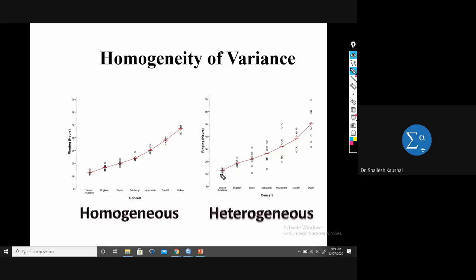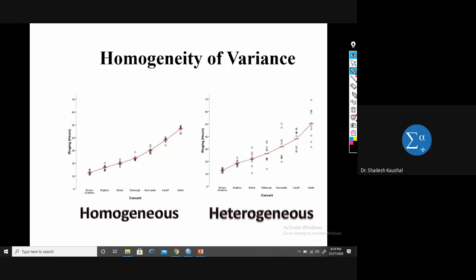We can see the range is 5, 15 minus 10. In the second case it is more, 20 and 15. So the range is high. And in the third case, 30 minus 10, the range is 20. So here the range is increasing, but in homogeneous data the range is the same across all the groups.